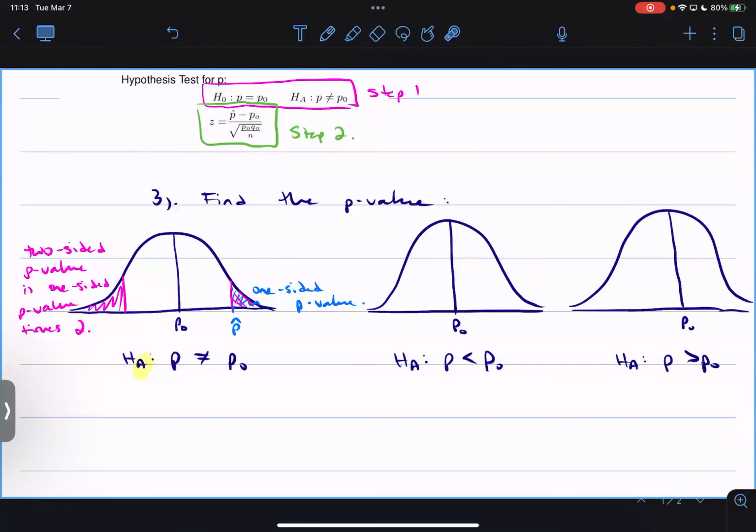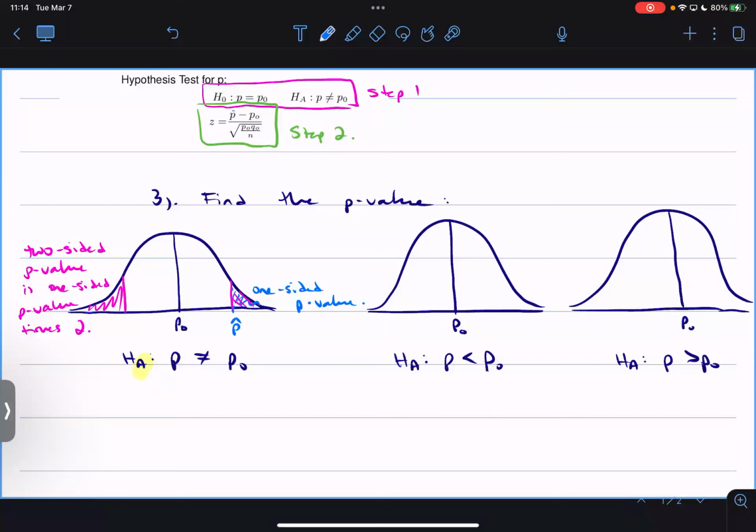If your hypothesis is that P must be less than P naught, your sample proportion must be less than P naught. You can't use 0.8 to prove that it's significantly less than 0.5. That just doesn't make sense. There are some examples where people have done that, and used something larger to prove that it's less than.